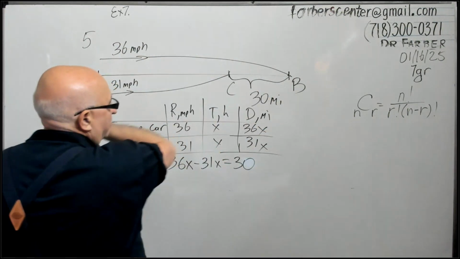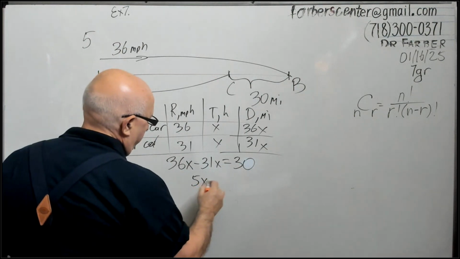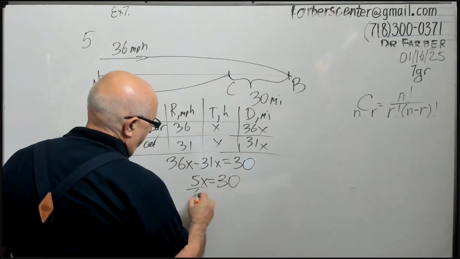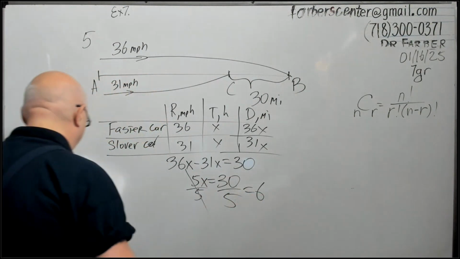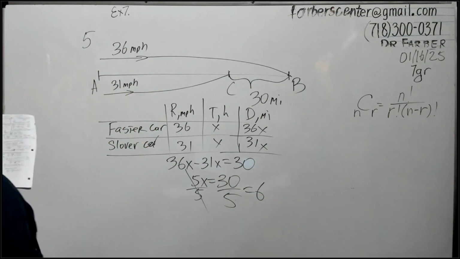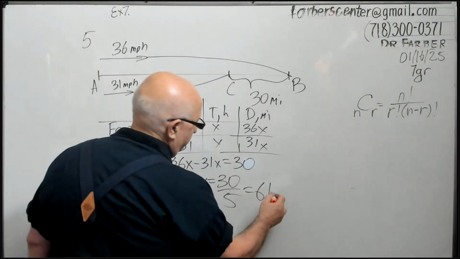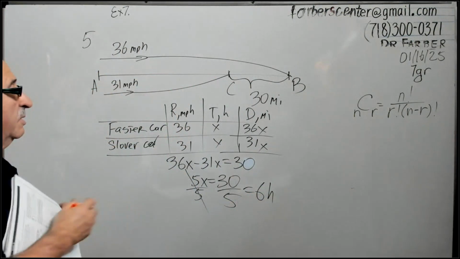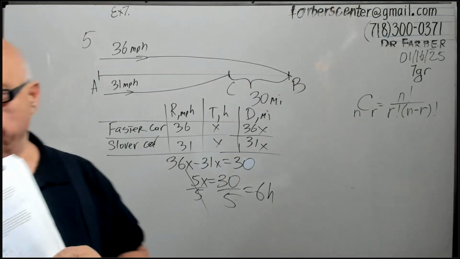This one minus this one, or 5x equals 30. Divide both sides by 5. X equals 6. One more time, what do they ask you to find? They ask you to find the time x, which is 6 hours. So if you have experience, you just say it automatically.